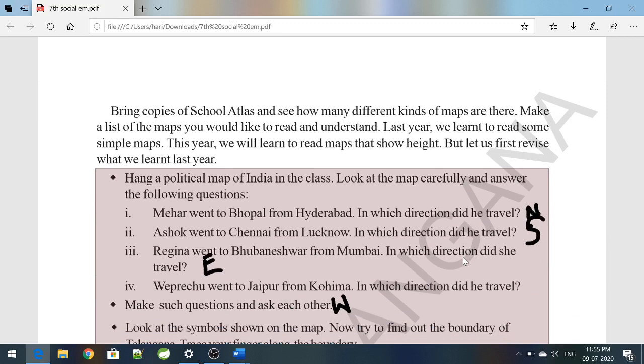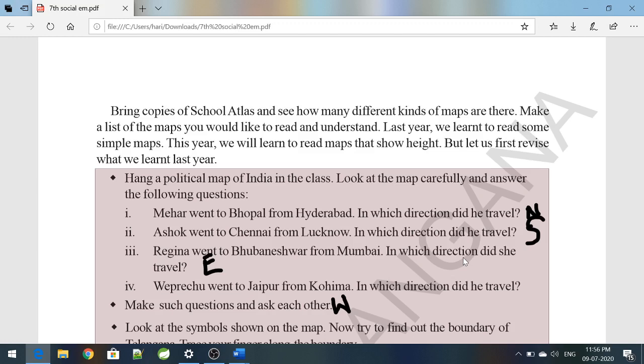We have also learned how to understand distance with the help of a map, by calculating 1 centimeter is equal to 10 kilometers or 50 kilometers, depending upon what we are drawing and for what purpose we are drawing the map.